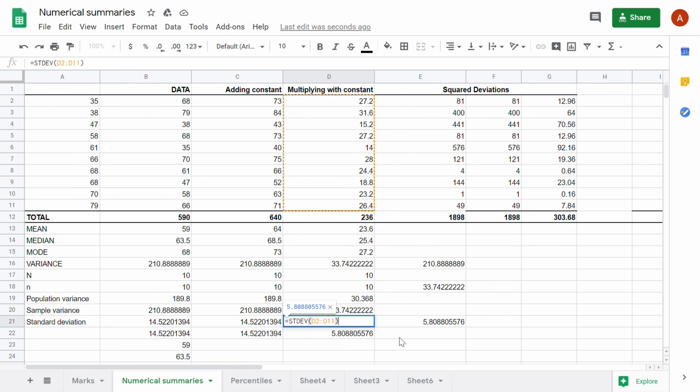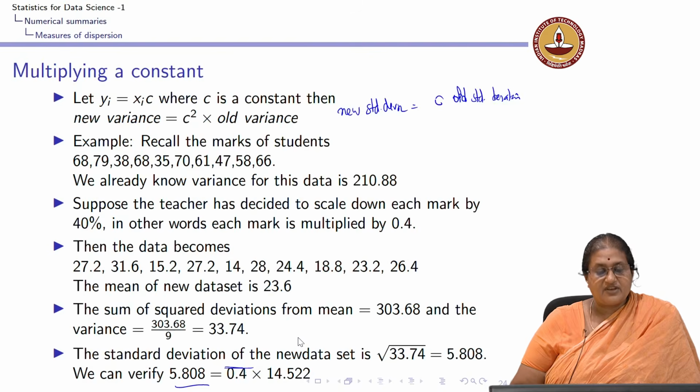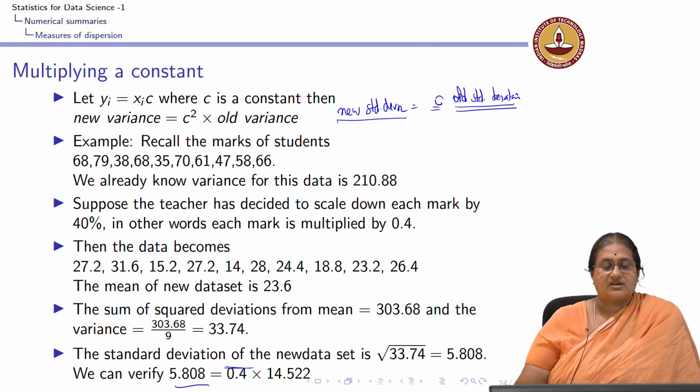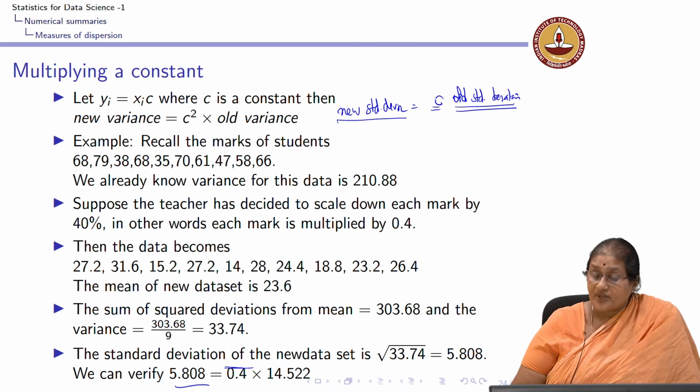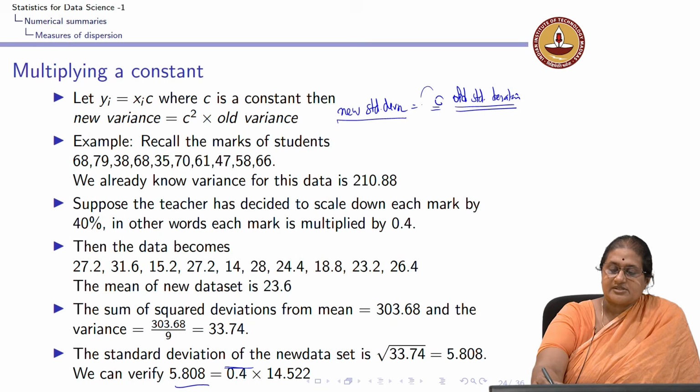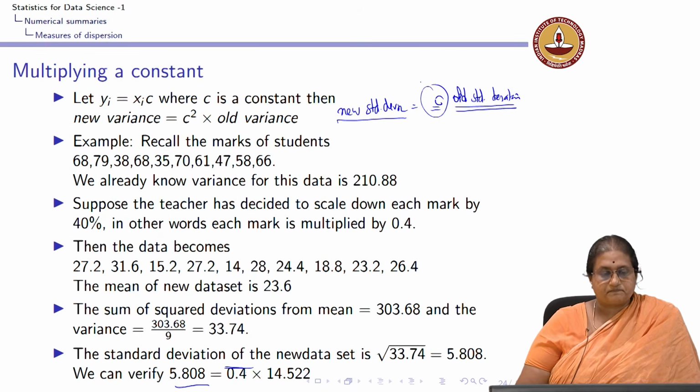Hence, the new standard deviation is the constant times your old standard deviation. Okay. So, adding a constant does not change the variability of a set. Multiplying with a constant changes the variability of a set by a scalar multiple.